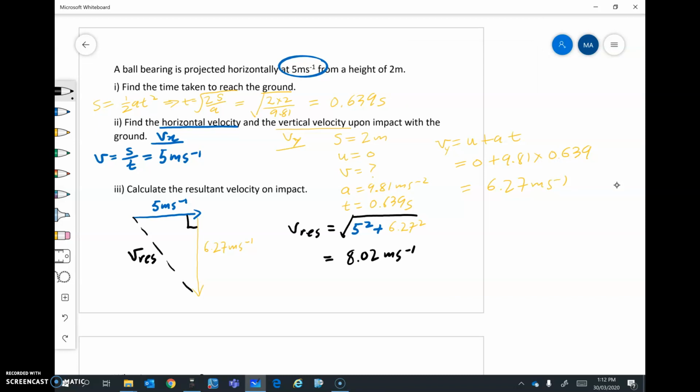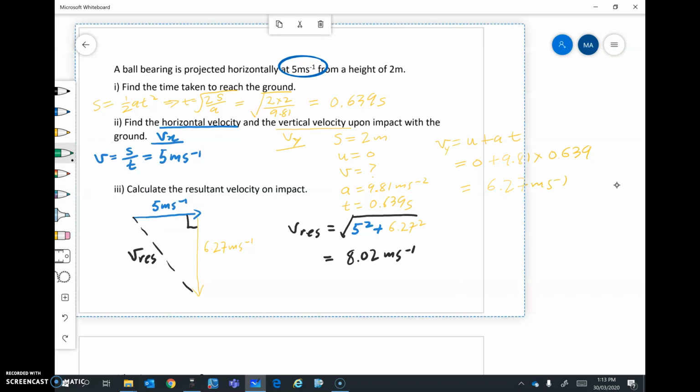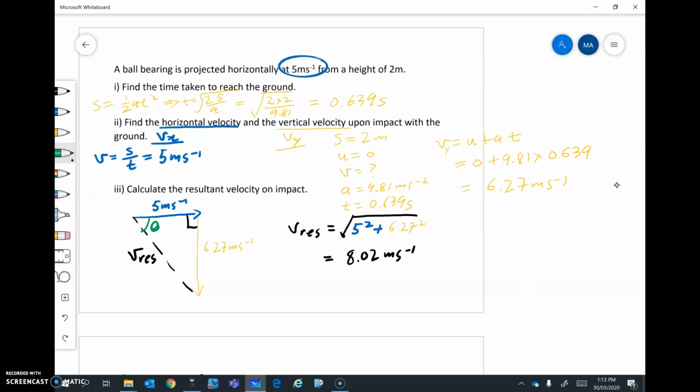Now, of course, we also need to calculate the direction below the horizontal, or the angle below the horizontal. I'll just call it theta. So theta is the inverse tangent of the vertical over the horizontal.